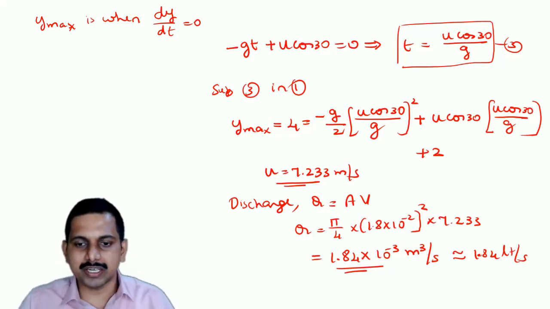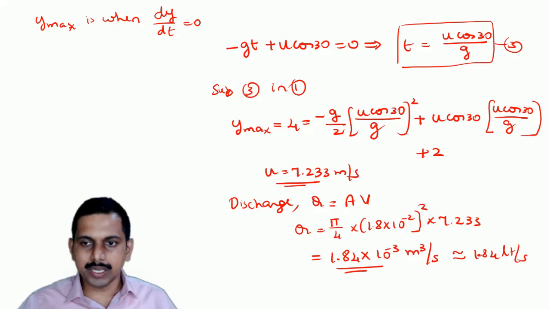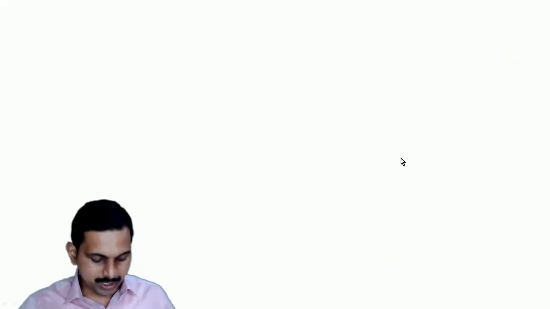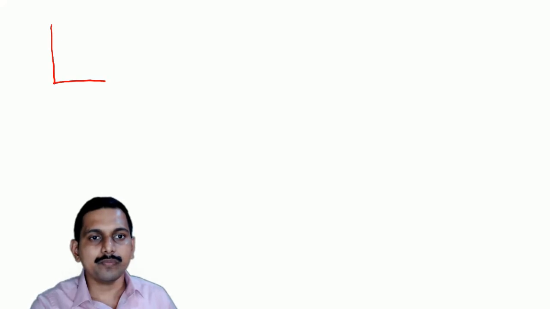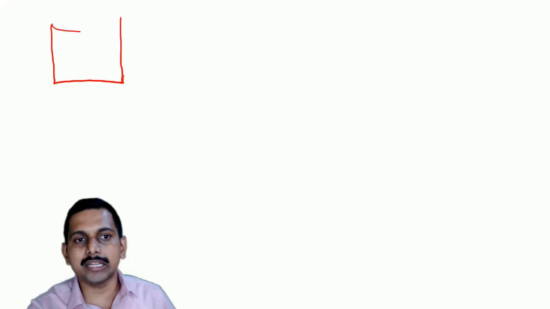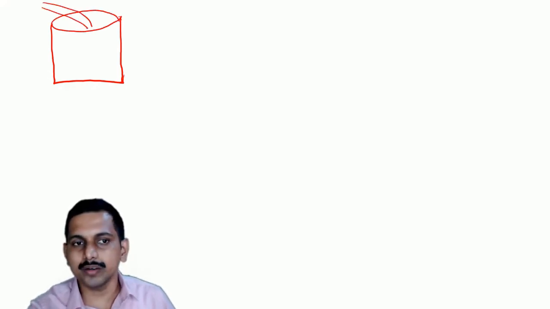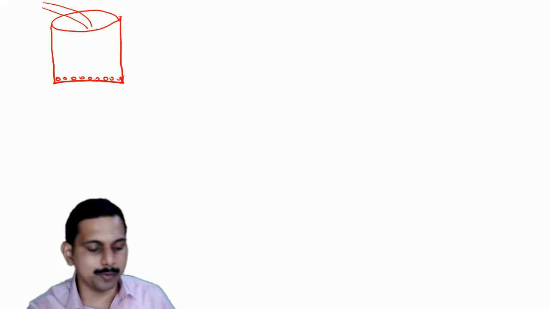Now the first part is done. We have found what the discharge is. Now this discharge is going and hitting the container. It's going inside the container. And this container has 36 small holes.